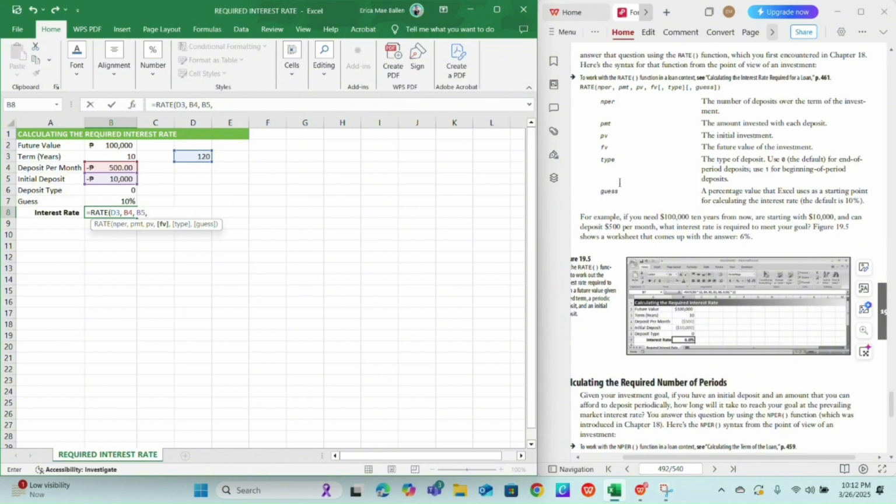And then FV, or the future value of the investment, which is 100,000 pesos or $100,000. Next is the type of deposit, wherein we have the zero default for end of period deposits. So zero.